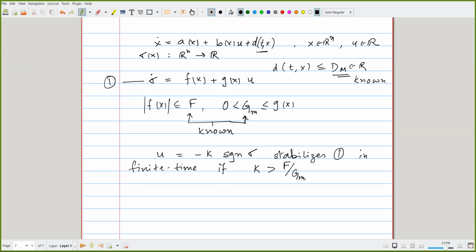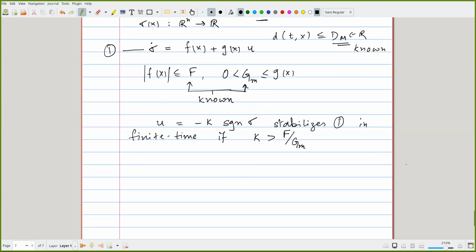We had seen how this happens; we had actually derived this condition. If we select k such that it is greater than F divided by gm, then this control works.